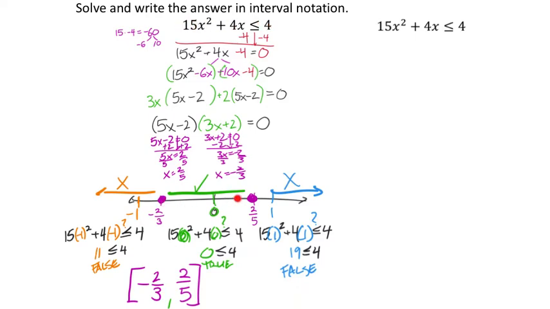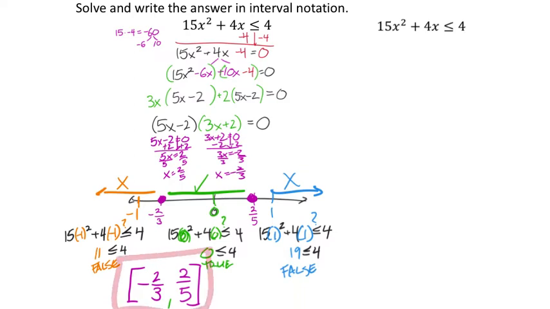This also means anything in between -2/3 and 2/5 would make the original inequality true. Or if you chose anything to the right of 2/5, again, it would make that original inequality false. Now, that's solved, so let's box that in, just so we remember that it is solved.